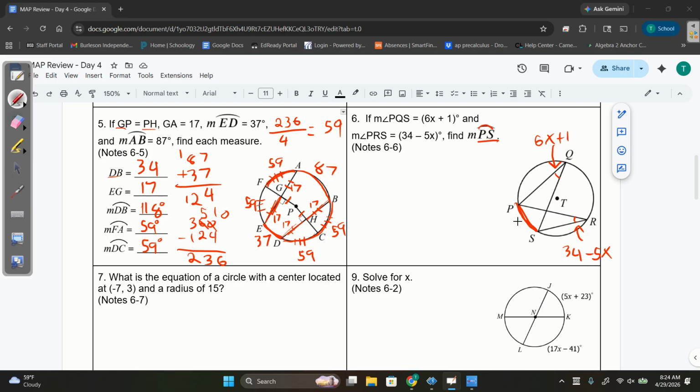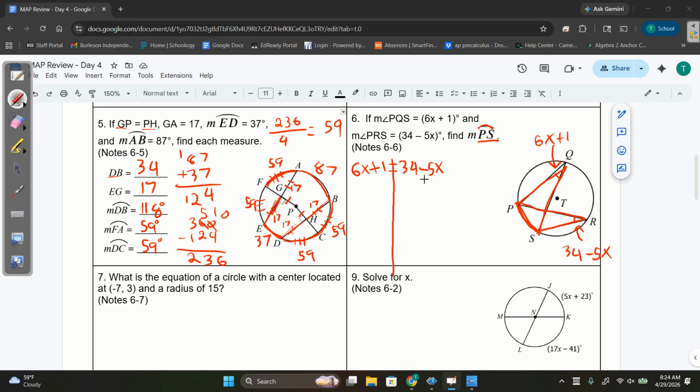First things first, because each of these angles create the same arc, see how they both end at those endpoints? I can say that these two angles are congruent. So, I'm going to start out by saying 6x plus 1 equals 34 minus 5x, and we're going to solve this.